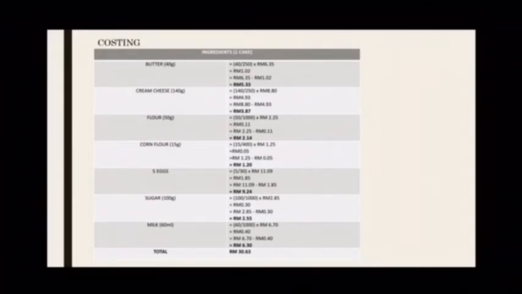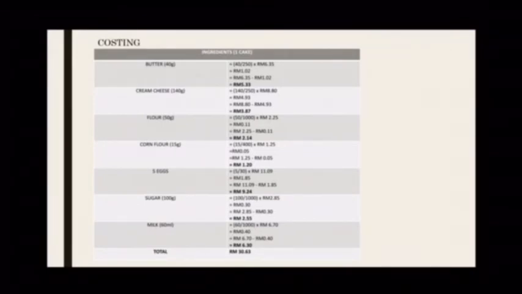So we minus, and the cost that we use is 9 ringgit and 24 cents. Sugar 100 gram. The price of sugar for 1 kilo is 2 ringgit and 85 cents, and then we divide and minus. So the cost for sugar that we use is 2 ringgit and 55 cents.